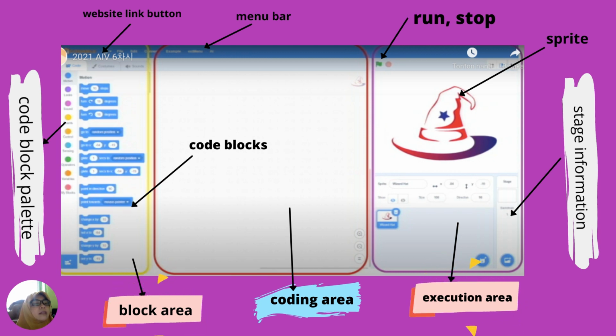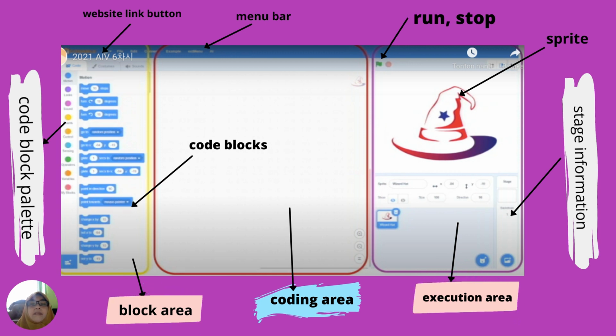Coding blocks are units that give a command to Coding School and can be combined to create programs. Next, a sprite is a unit that can be moved by a block of code. The execution area is where you see the code running and working.